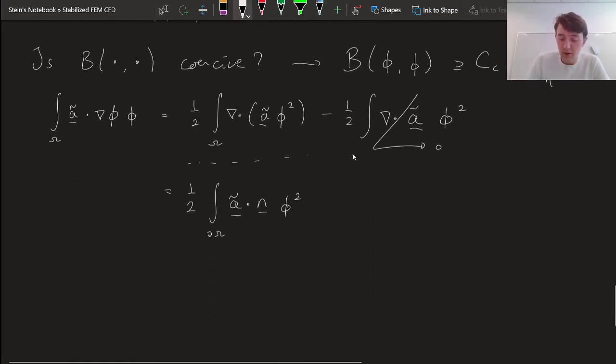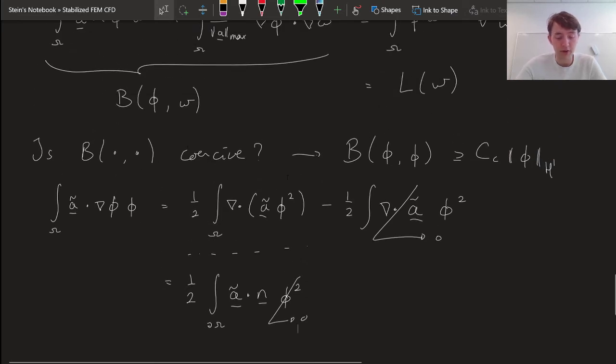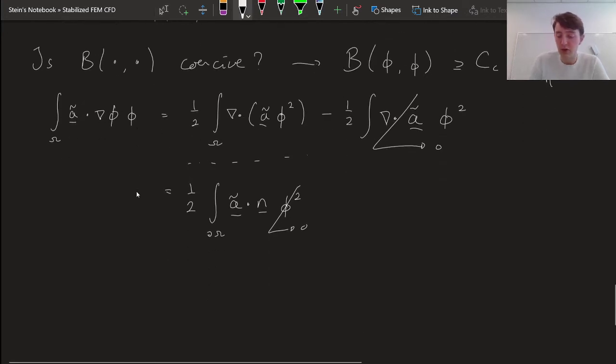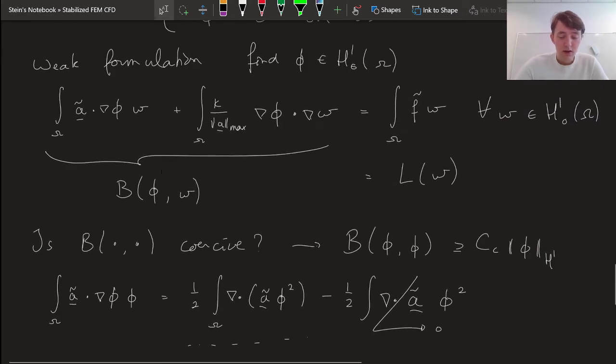So on this boundary, phi is equal to 0. So we actually know that this first term in our bilinear form, if we look for a coercivity property and we substitute phi in both slots, then the result is simply going to be equal to 0. So interestingly, we don't have to deal with this term. Okay, so now we've handled the first term. The first term is going to be equal to 0 in this coercive sense.